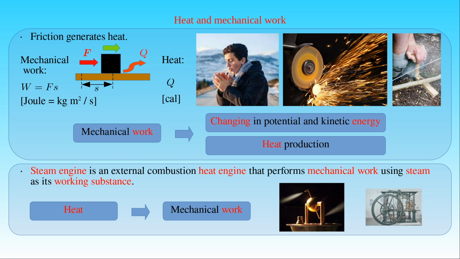In the second photo we can see a steam engine, which provided a more effective solution for the conversion of heat into mechanical work in the Industrial Revolution. The principal component of a steam engine is the cylinder with a moving piston, which is connected to a large flywheel. In the first half cycle of its operation, a high-pressure steam flowing into the cylinder pushes the piston out and rotates the flywheel.